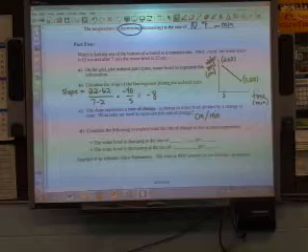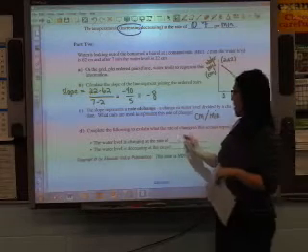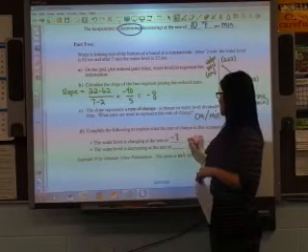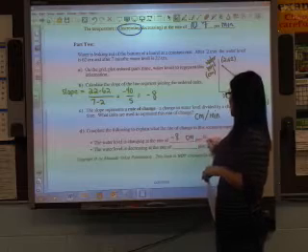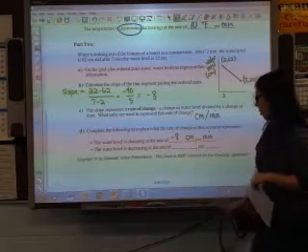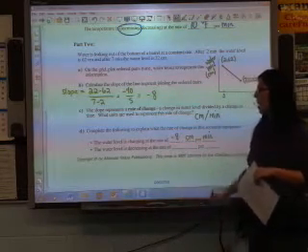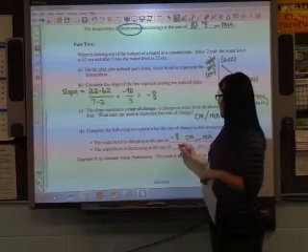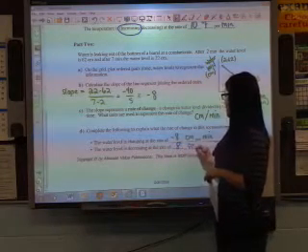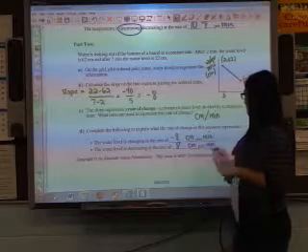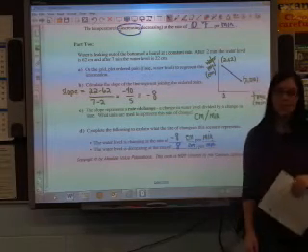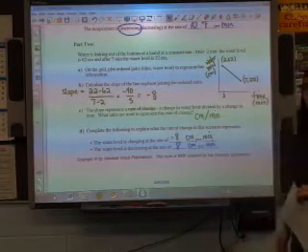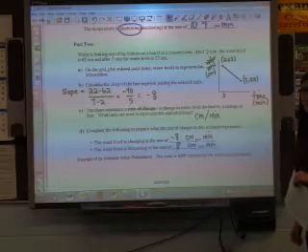So the water level is changing at a rate of negative 8 centimeters per minute. Or I can say that the water level is decreasing at a rate of 8 centimeters per minute. So explain to me why one statement has a negative and the other statement does not.